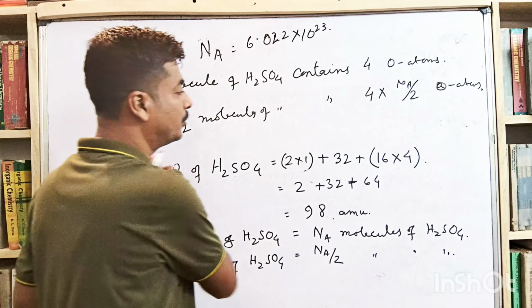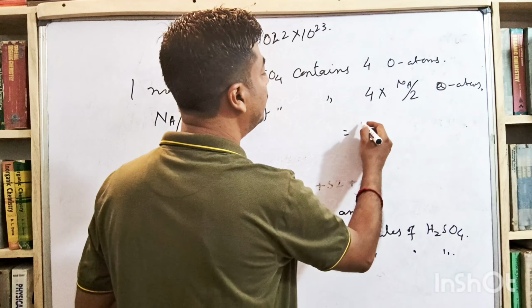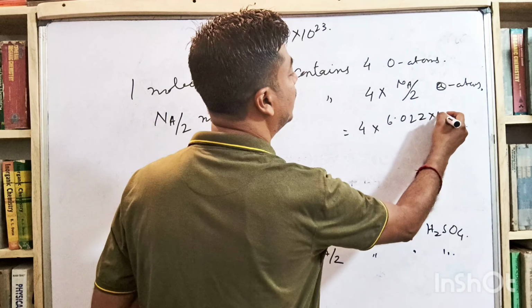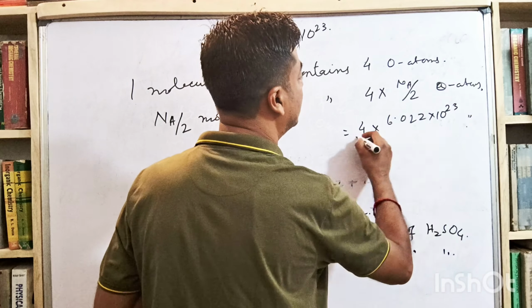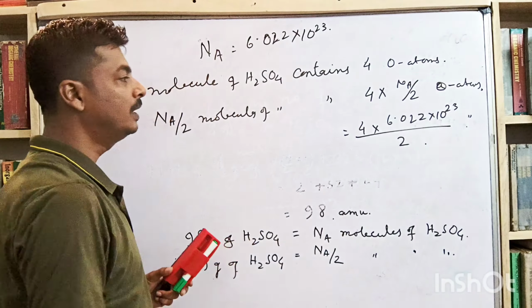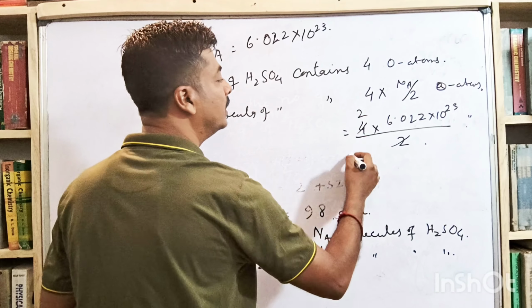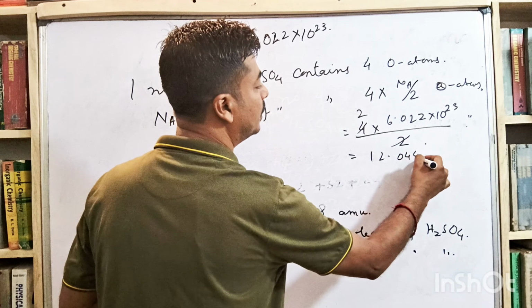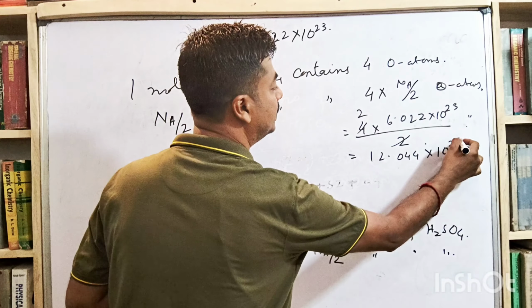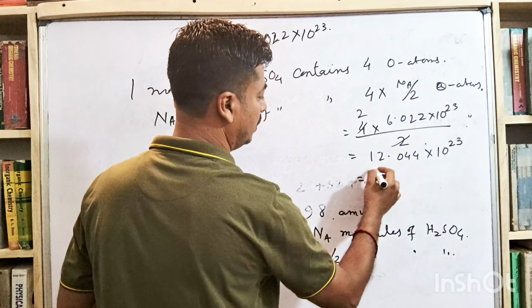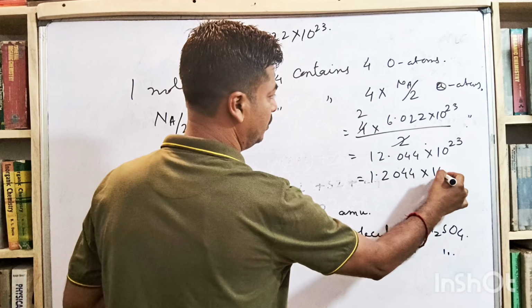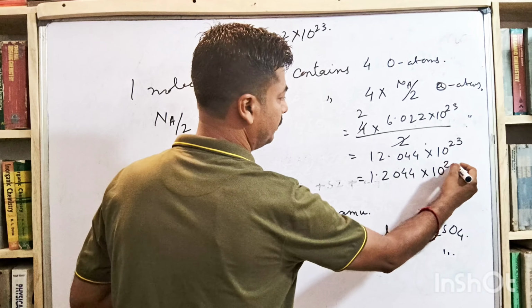Now simply by putting the value of Na, 6.022 into 10 to the power 23, we can get the result. If you do the calculation, you will get the answer: 12.044 into 10 to the power 23, which is equal to 1.2044 into 10 to the power 24 oxygen atoms.